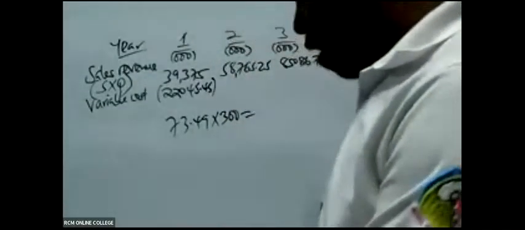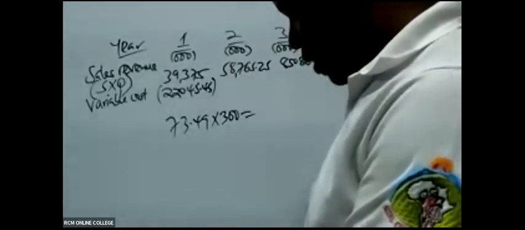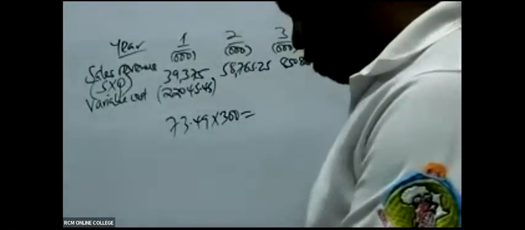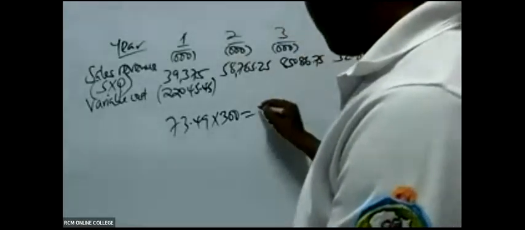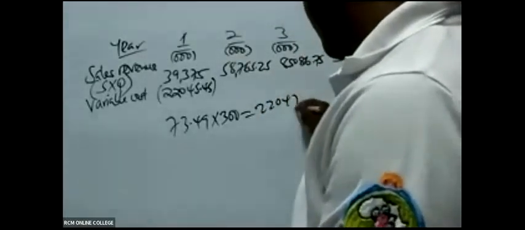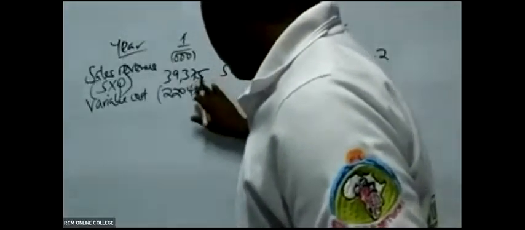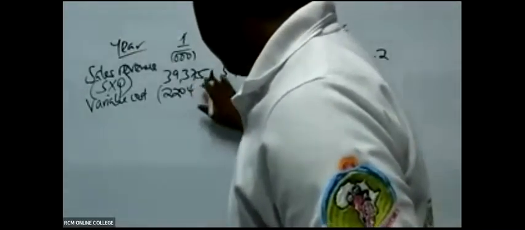So that was our figure, if I can remember: 73.49 multiplied by 300. So we are getting 22,047. Unless you guys don't have that 73.49. 47, like that.